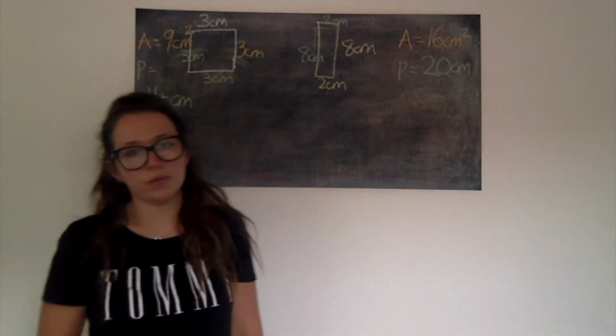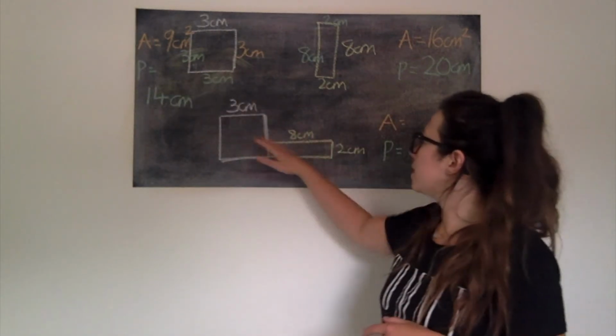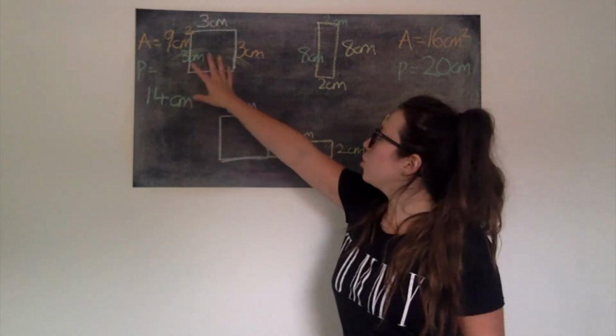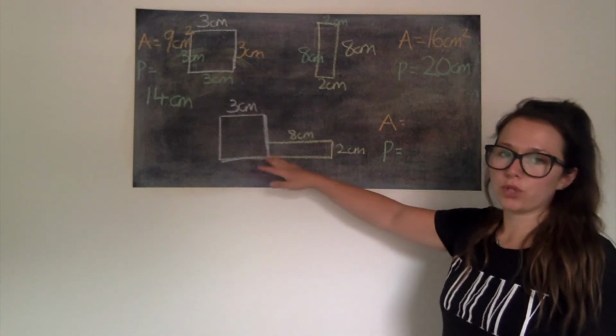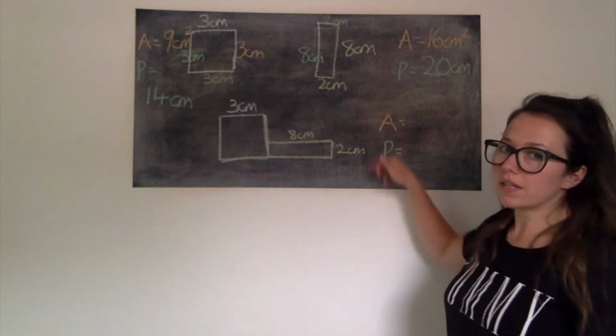Now let's see what happens when we create a compound shape. So here are those 2 shapes put together to create the compound shape. So now I want to think about how can you use this information to find out the area and perimeter of our new shape. Can we just add both areas together and both perimeters together?